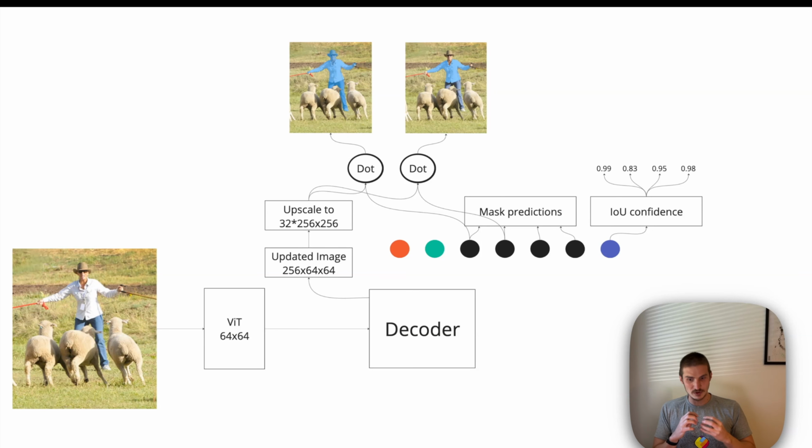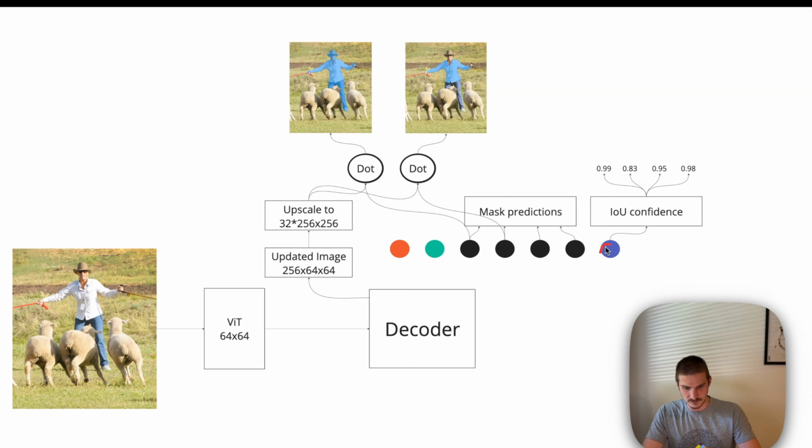And this dot product will yield one single number that is now saying basically the probability that this pixel belongs to this object. And so by multiplying to every pixel, you get this probability for every pixel belonging to this object. The final mask is computed as probability above a certain threshold.